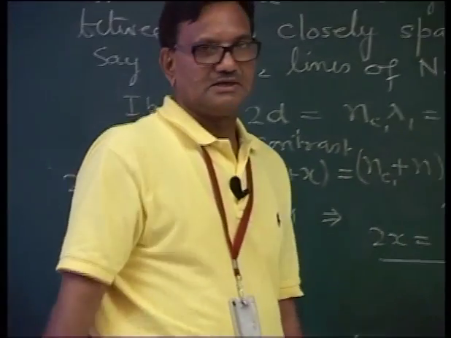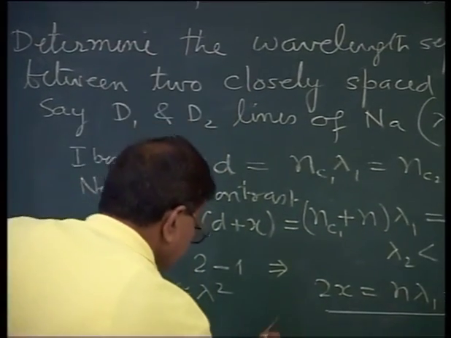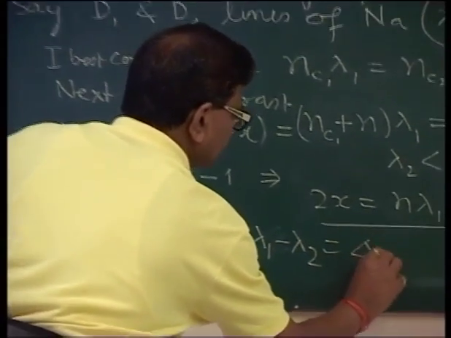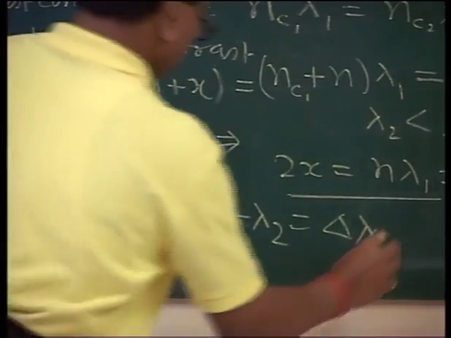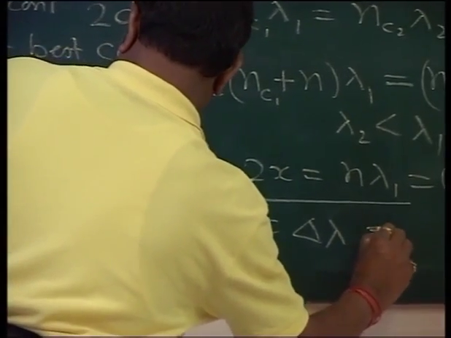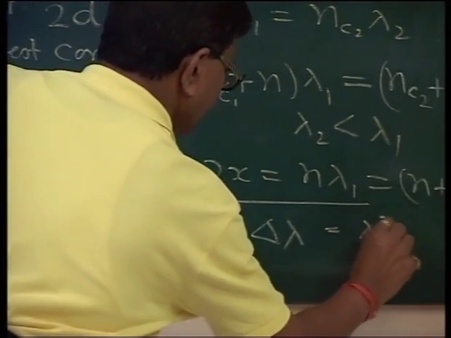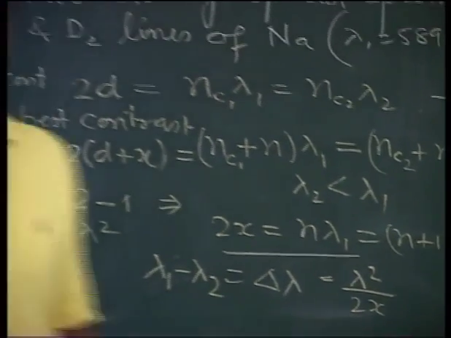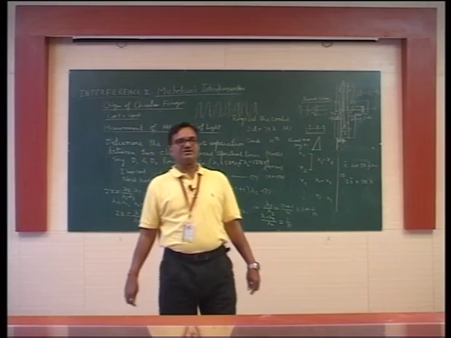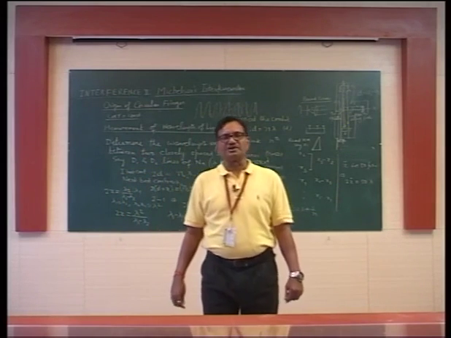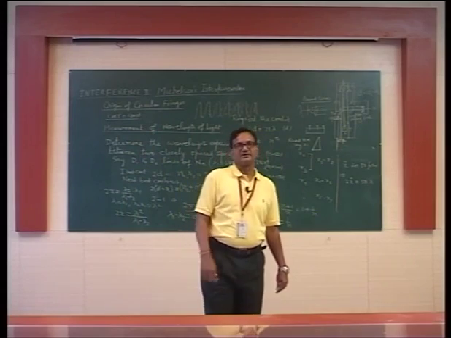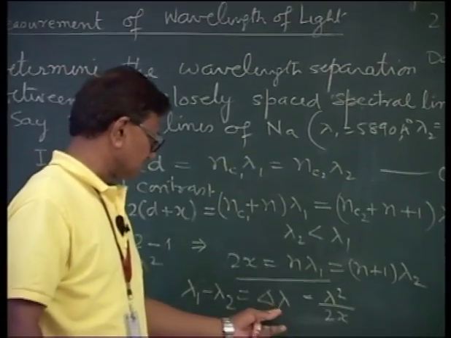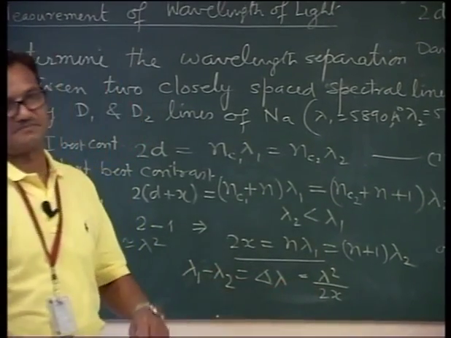Finally, we can determine lambda 1 minus lambda 2, which is delta lambda, equal to lambda square upon 2x. Since x is known to us and lambda we have already determined earlier, it is possible to determine the separation between the wavelengths of closely spaced spectral lines.